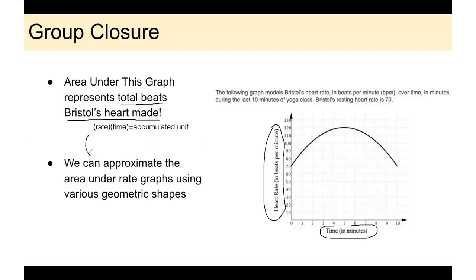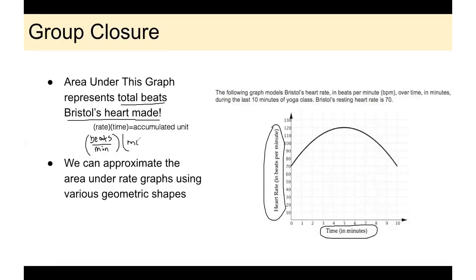So my rate is beats per min. And I know you all realize how hard it is to write beats per min. And I'm using it's not a mouse, it's the pad. And my time is in minutes, so I'm going to put min.